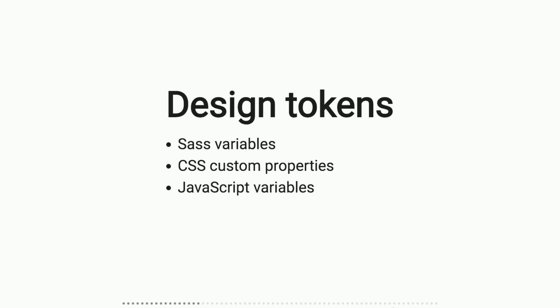And there are many ways to implement design tokens. Could be just Sass variables, or CSS custom properties, or JavaScript variables, or even JSON that you would then convert to formats for different platforms like web or Android or iOS.